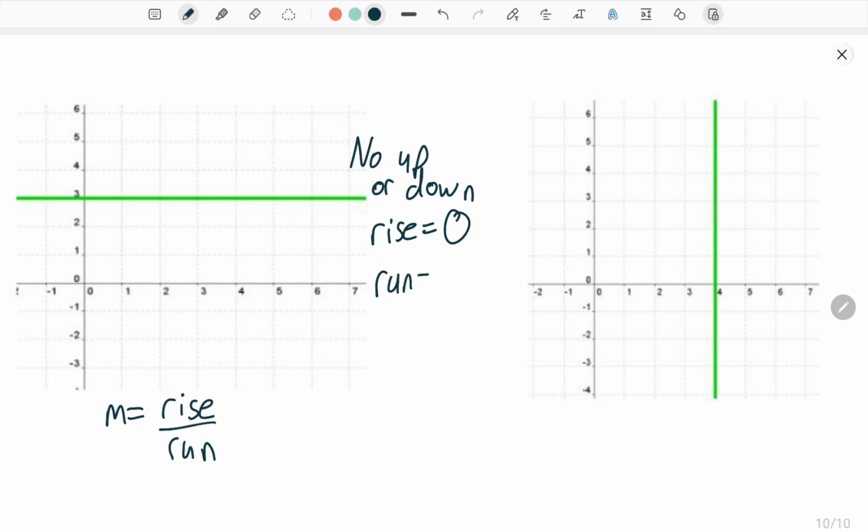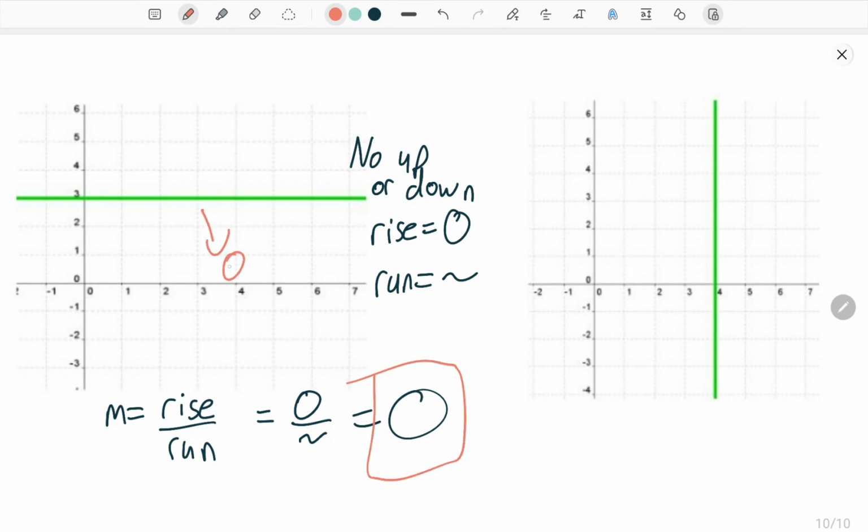And the run, well, it could be any sort of number, it doesn't matter. But if you take a look at the slope formula down here, if we have 0 divided by some number, it doesn't matter what it is, 0 divided by anything is just 0 itself. So we can say that in this case, 0 is the slope. So 0 slope.